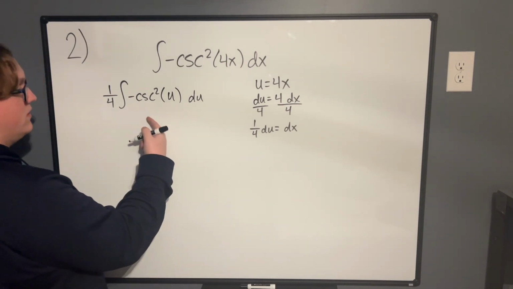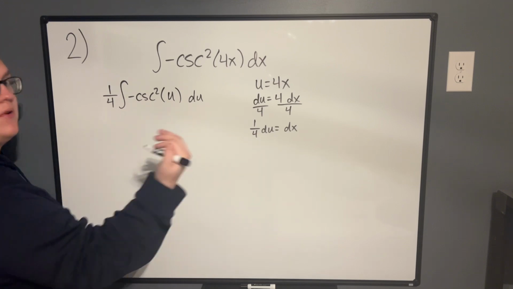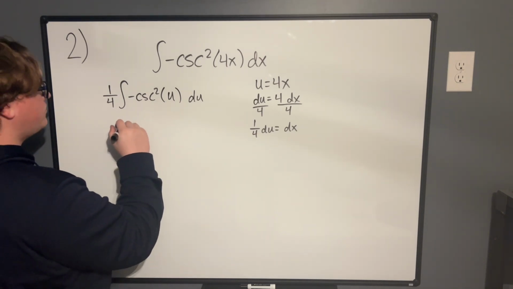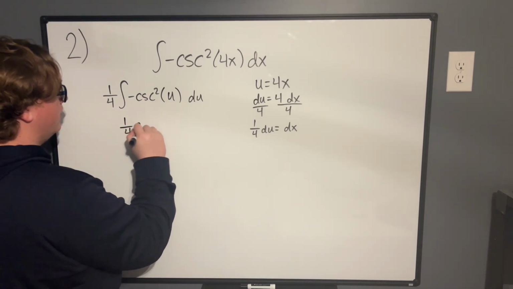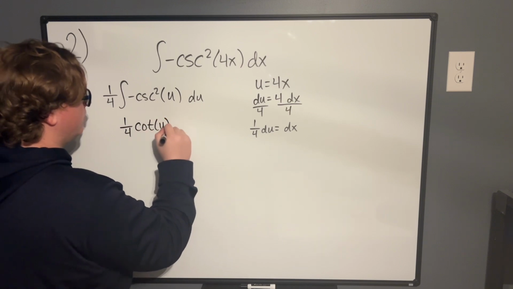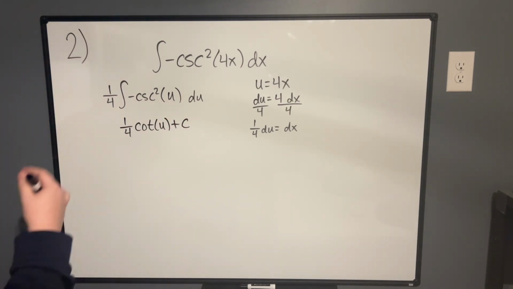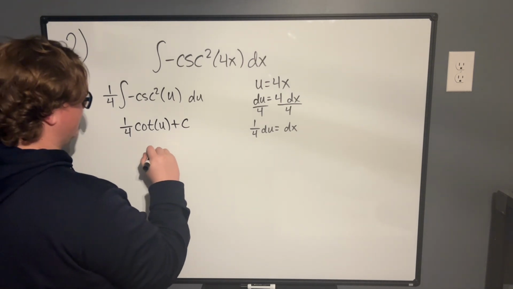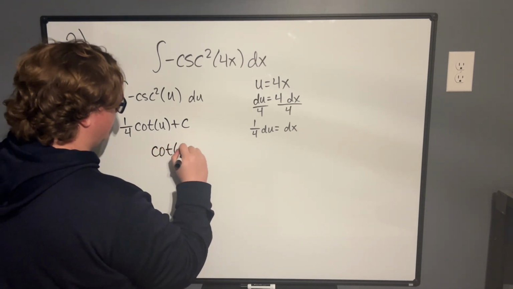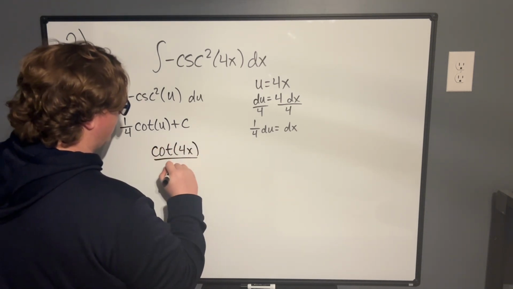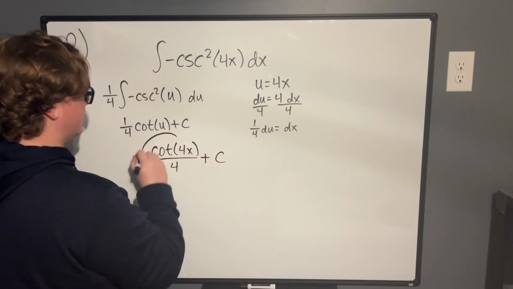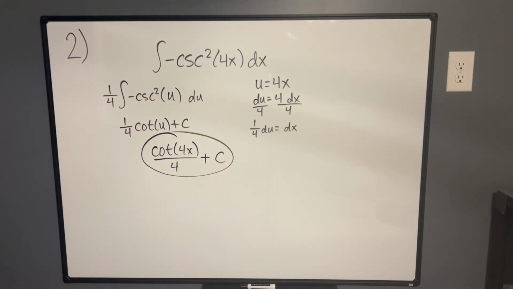So the integral of negative cosecant squared will just default back to that cotangent value. So we get 1/4 cotangent of u plus c, but that's not our final answer because remember u was 4x. So we end up with cotangent of 4x over 4 plus that constant c. So that's the answer to our second integral.